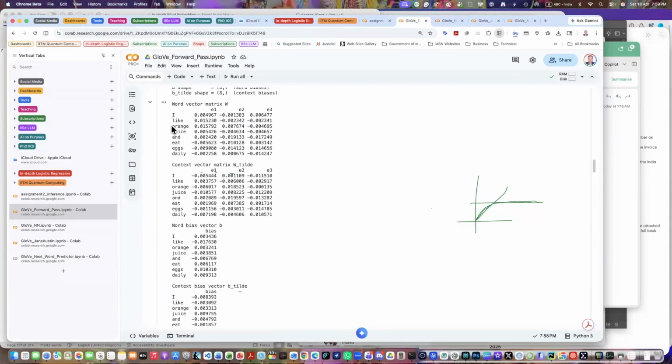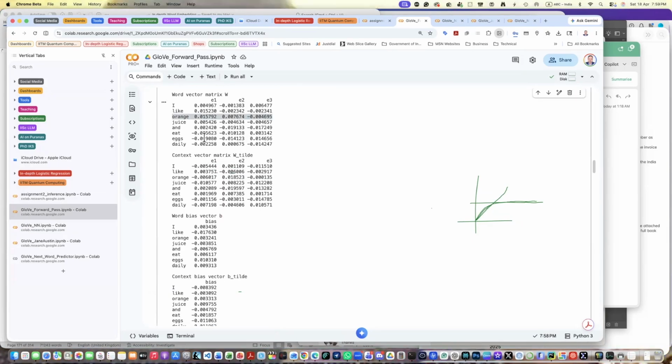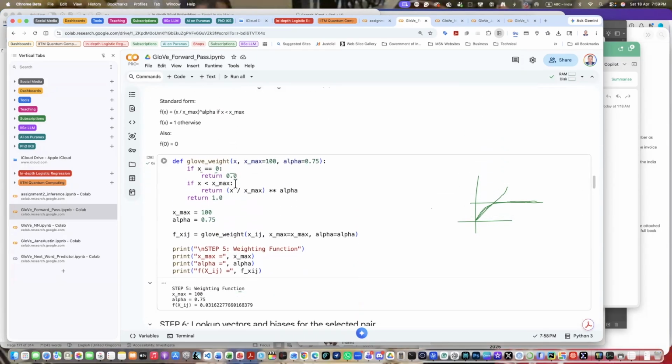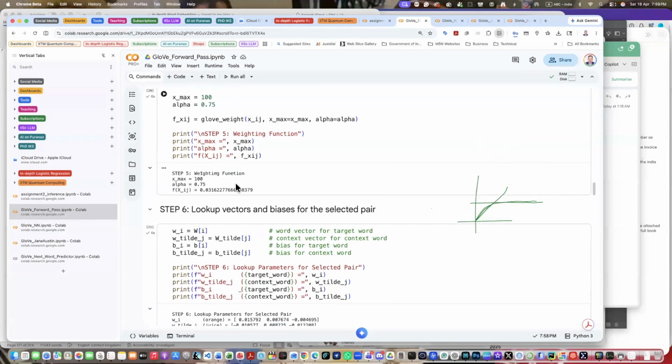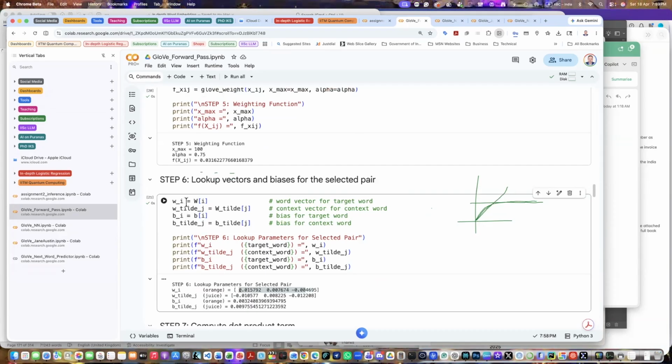So I can just go to the index, pick out this element, and show it as belonging to this word. If you see orange here, it is 0.015 and so on, and it is the same vector it is showing me. Similarly, for juice, it is 0.01, minus 0.0105.